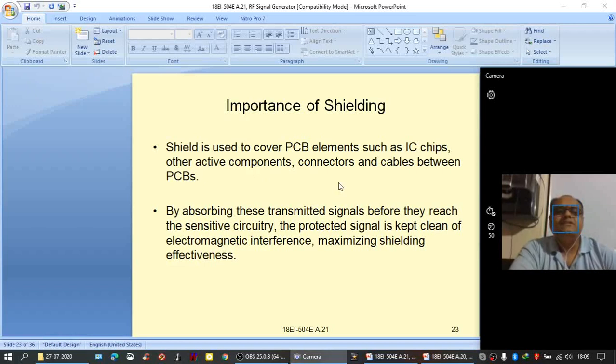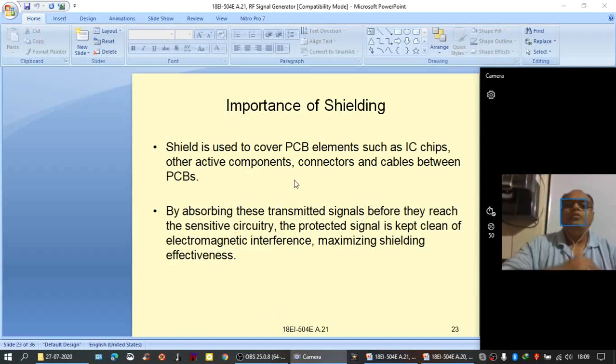Then connectors and cables, even cables and connectors between PCBs also. So shielding is used to cover all these things, that is PCB elements, active components, and connectors and cables.